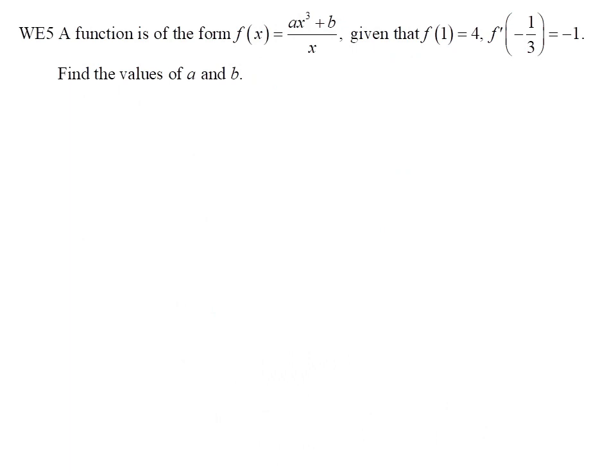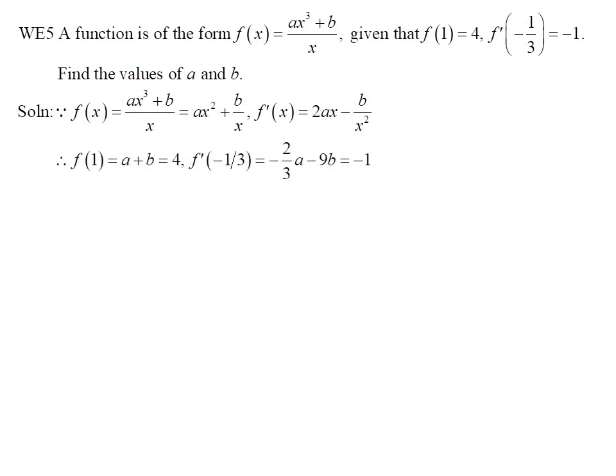Example 5 is based on the function f of x equals (a times x cubed plus b) all over x, given that f of 1 equals 4 and f prime of negative 1/3 equals negative 1. The question is to find the values of a and b. Since f of x can be written as a x squared plus b over x, its derivative f prime of x equals 2ax minus b over x squared.